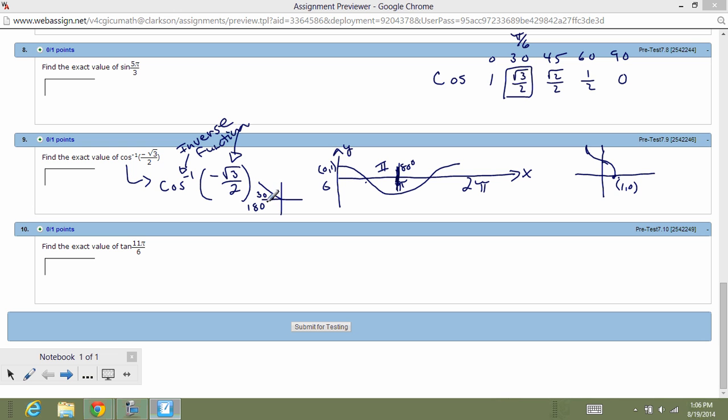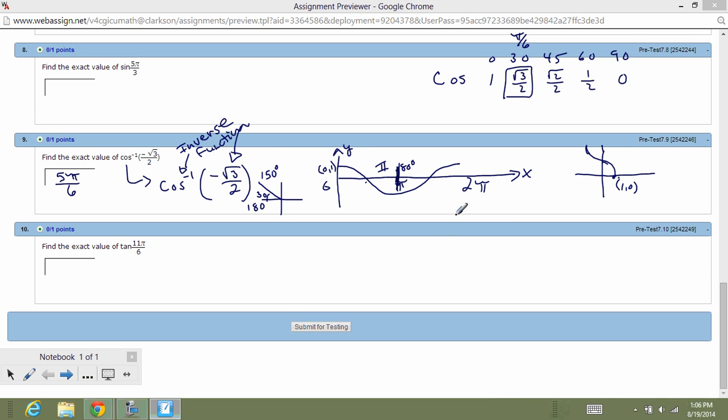And so 30 degrees in the second quadrant, the difference between 30 and 180 leads us to a 150 degree angle. And from there, all that's left to do is convert the 150 degrees to radians, and that turns out to be 5 pi over 6.